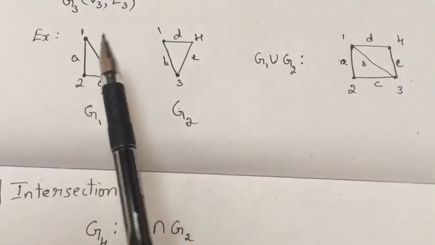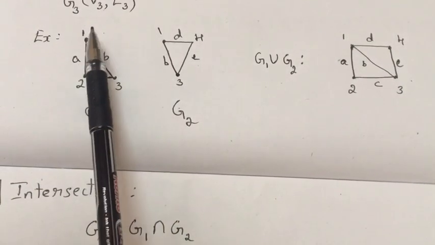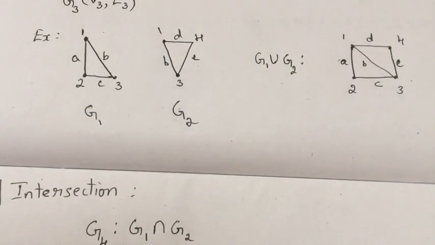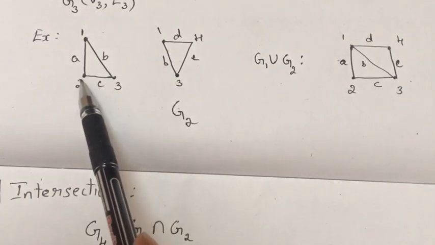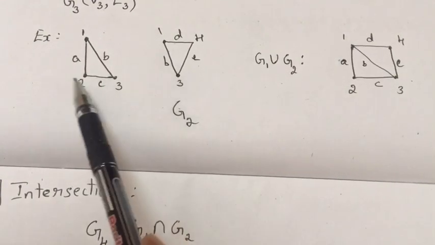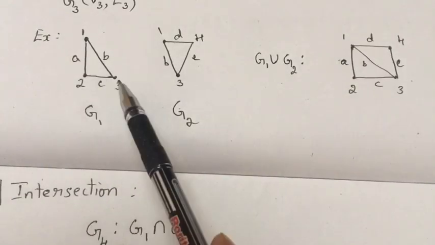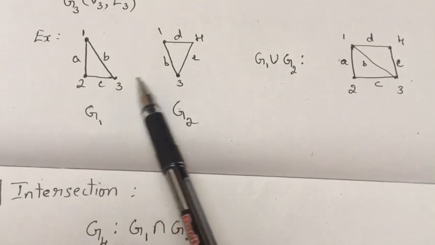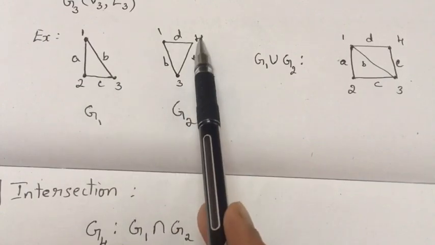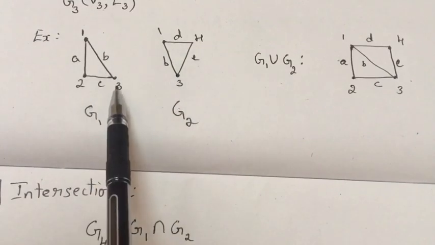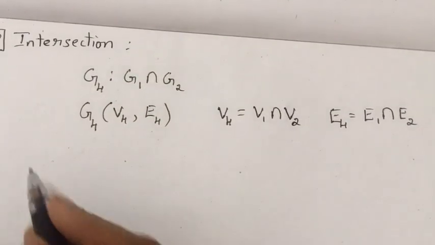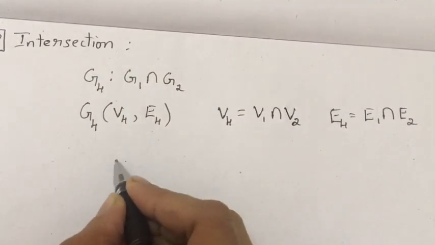Now if I consider vertex 1, it is in this graph also and in this also. So I'll take that. Vertex 2 is there in G1, but it is not there in G2, therefore I should not consider that. Vertex 3 is there in both, and vertex 4 is only in G2. So only 1 and 3 are the vertices which are in both G1 and G2.